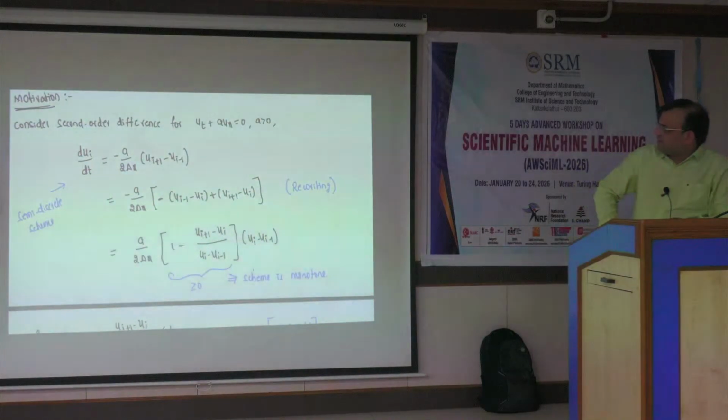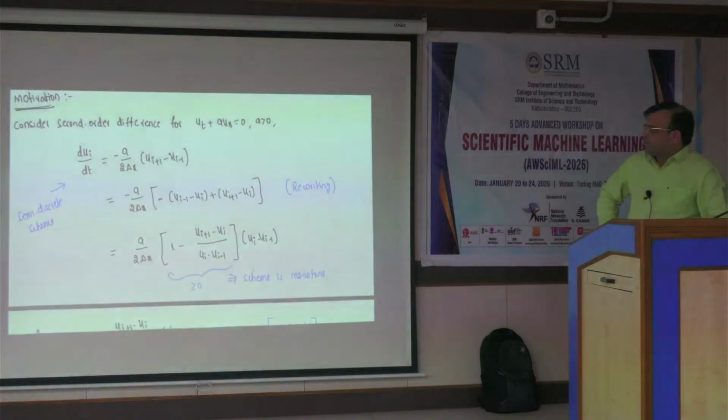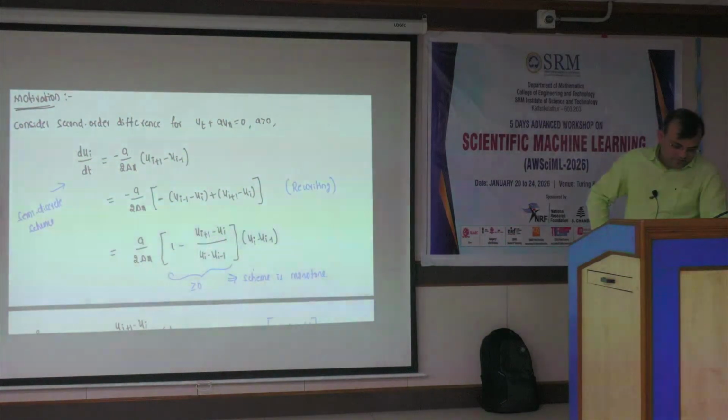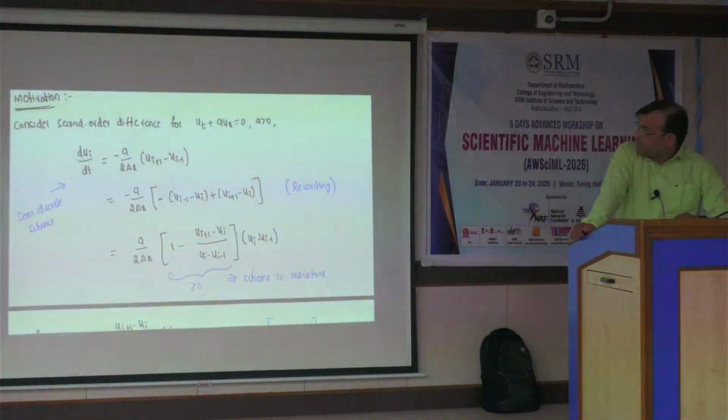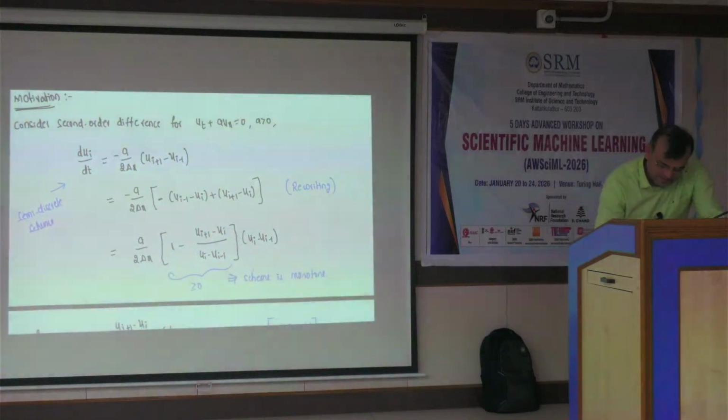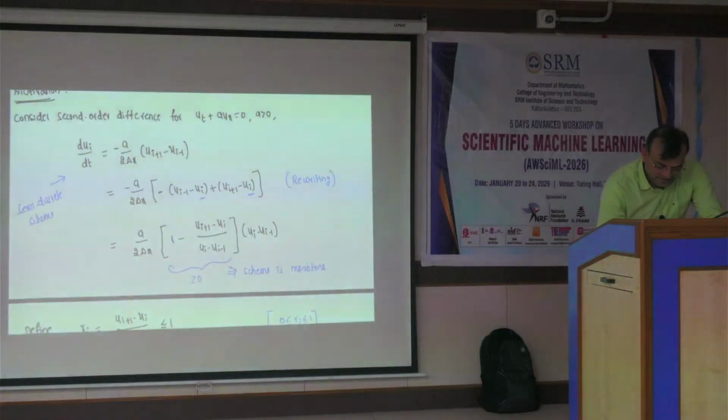If I start with a second order scheme, I can go with forward time and center space. So the time derivative is du_i/dt and the space derivative is u_{i+1} minus u_{i-1}, with the coefficient minus a by 2 delta x. Now we can write this by adding and subtracting the term u_i.